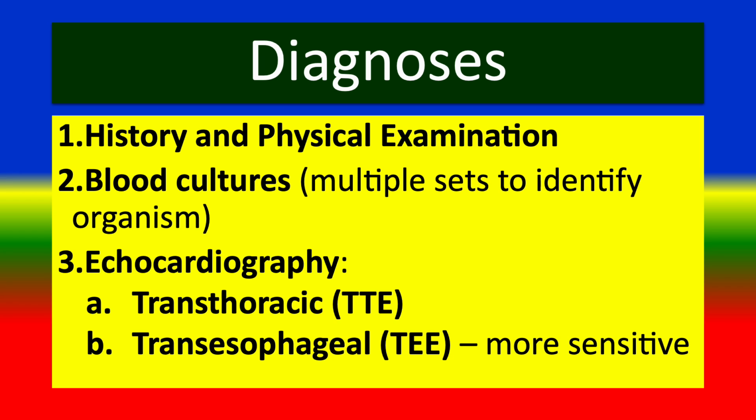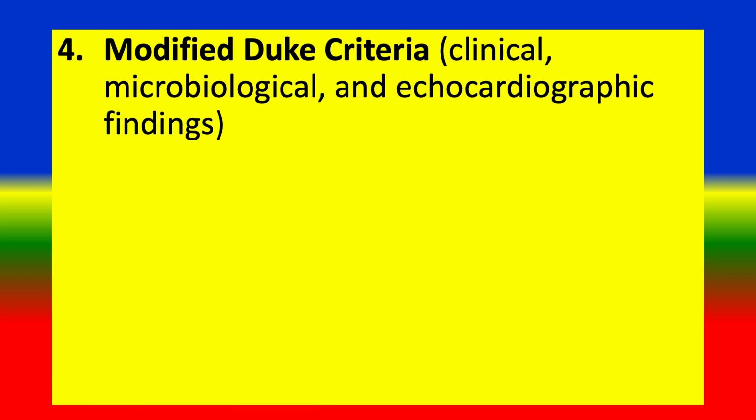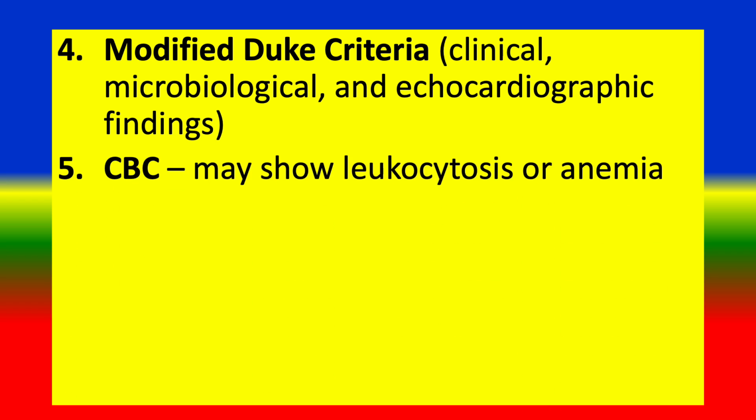B. Transesophageal, TEE, more sensitive. 4. Modified Duke criteria: clinical, microbiological, and echocardiographic findings.